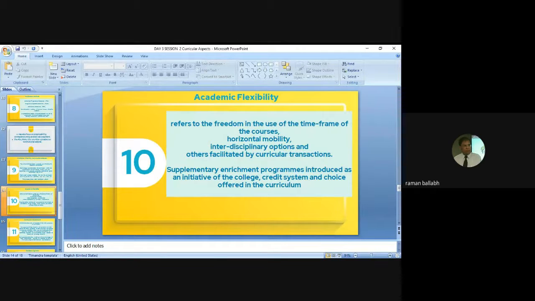So you are having academic flexibility with you, and you need to show why this academic flexibility is there, and what was your motto of giving this academic flexibility. Like that, horizontal mobility is there. You can change any topic beforehand.